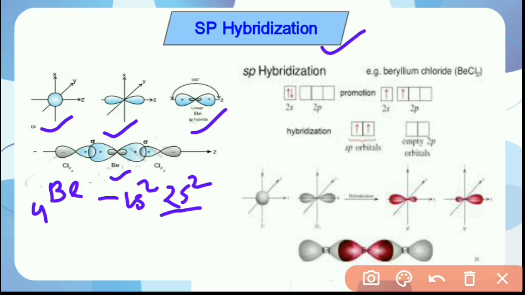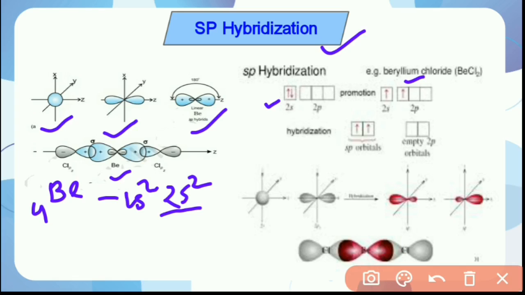In the ground state, the electrons are in the 2s orbital, and beryllium is not able to form a bond. But in the excited state, an electron jumps to a higher energy level, the 2p orbital, and then beryllium is able to form two bonds with chlorine atoms.